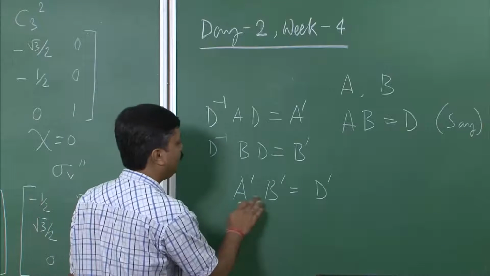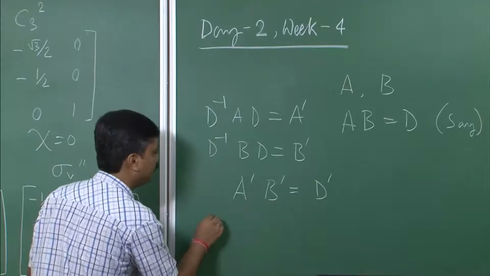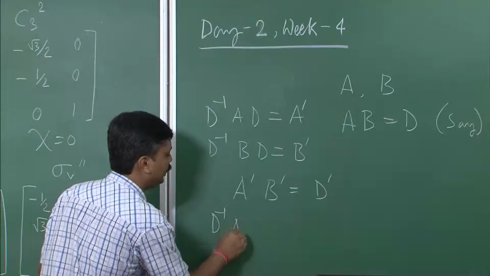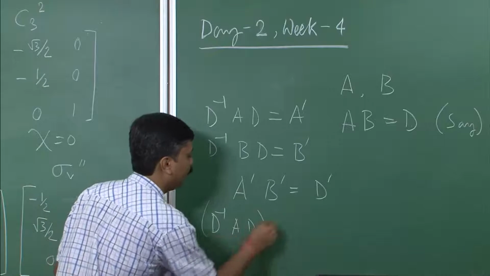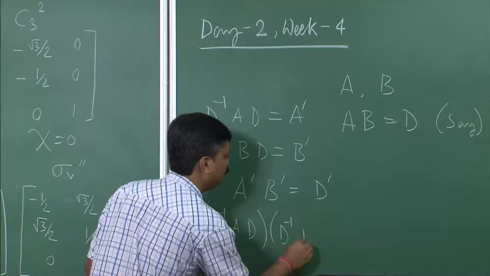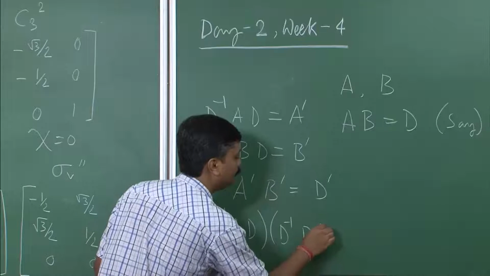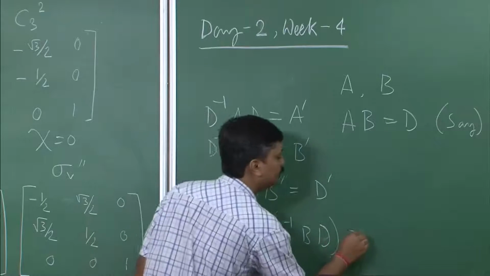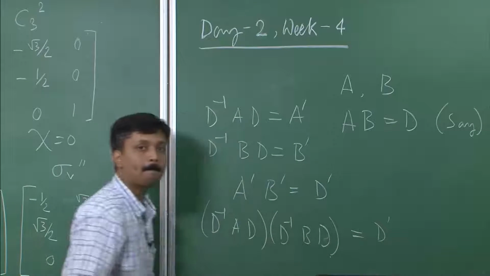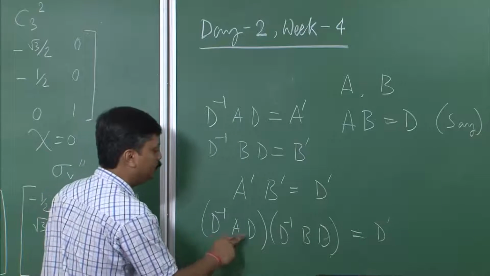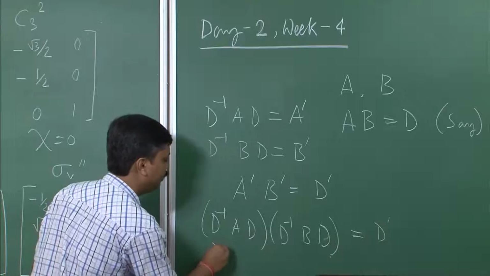So, what is A prime B prime? So, A prime B prime is D inverse A D and D inverse B D, right? That is my D prime. So, this one I can rewrite as D inverse.